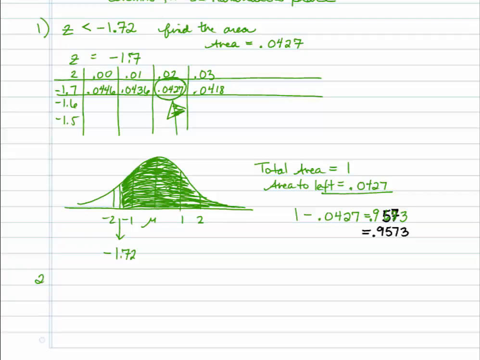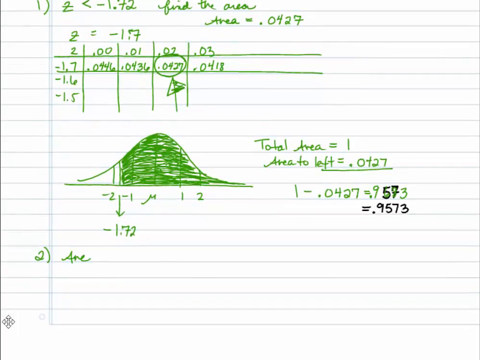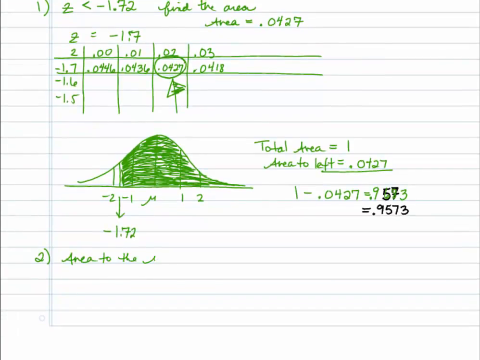One thing I'd like to do next is just have you try to work backwards. So let's say for a second one, I don't actually have to give a graph for it at all. I could just say that the area to the right of Z is 0.20. What's Z? So you can envision this graph.